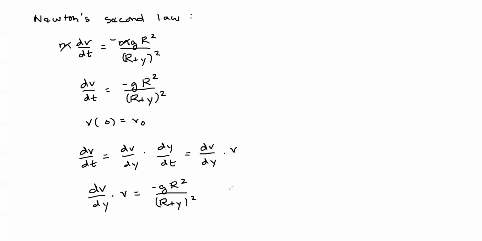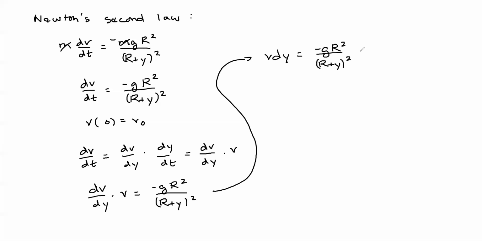And then at this point, we can separate the variables. So we'll get v dv equals negative g r squared over (r plus y) squared dy. Oh, that's supposed to be a dv there.